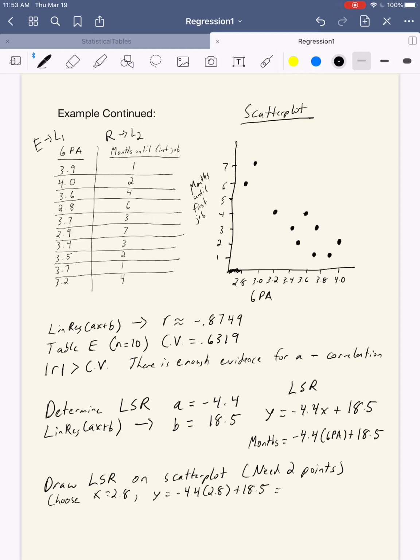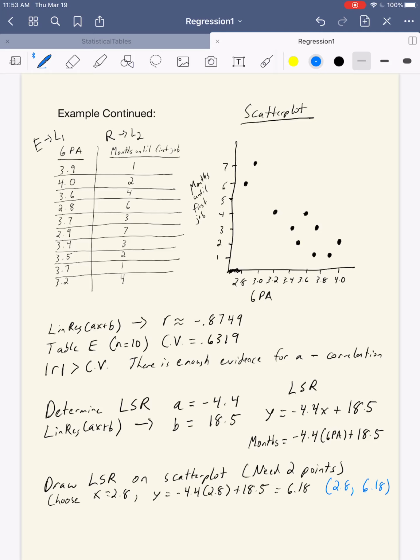And if we calculate that, that would just be on the calculator. So just negative 4.4 times 2.8 plus that 18.5. It looks like we'd get 6.18. So our first point, and we'll do this in just a little bit of a different color, is going to be 2.8 and 6.18.